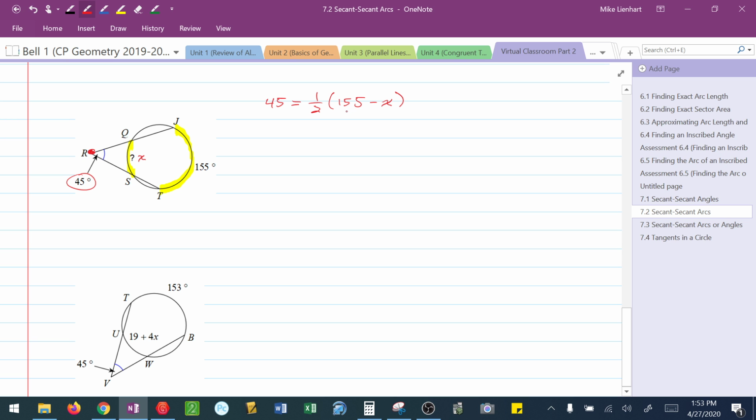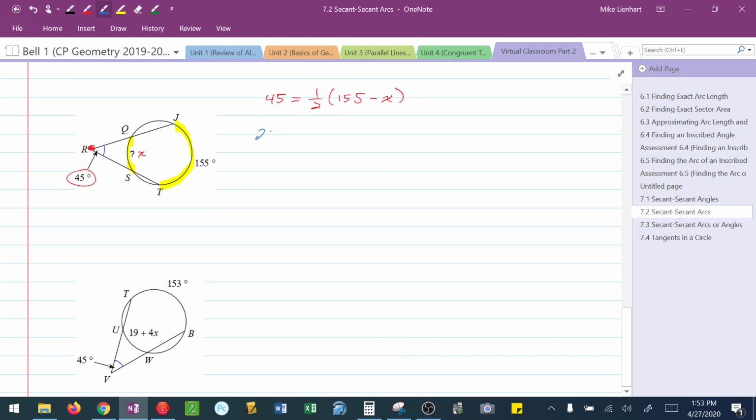That's how I knew to write 155 minus X. I'm going to get rid of that 1/2 and make this 2 times 45 is equal to 155 minus x, or 90 is equal to 155 minus x. Subtract 155, so that would be negative 65 is equal to negative x, or x is equal to 65.